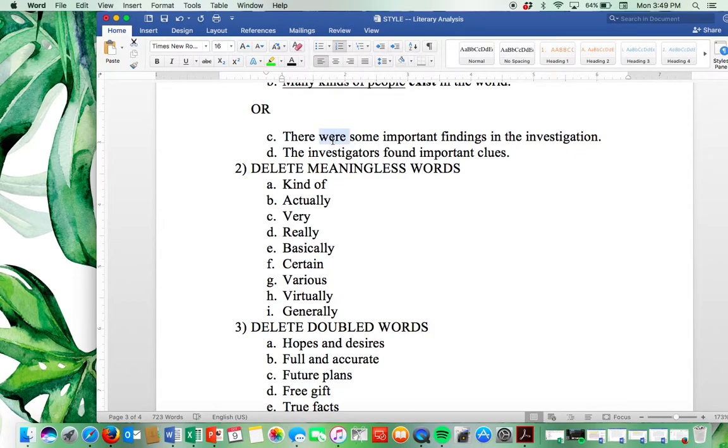Here's the verb, and there is not a subject. We don't have a subject, so let's add one. The investigators found, here's an example of nominalization, findings was changed to found, important clues. Now clues I added, but it makes it more specific and we know exactly what we're talking about here.